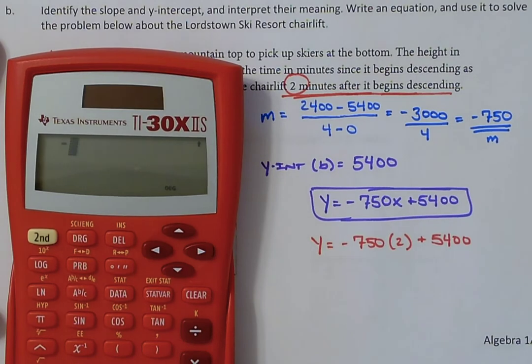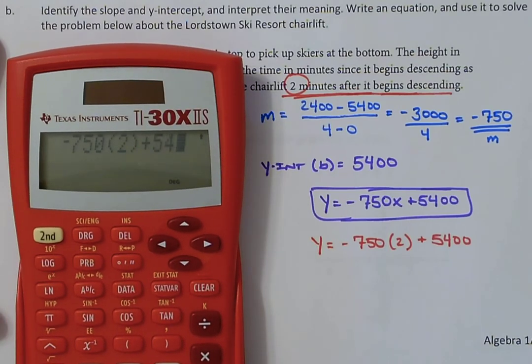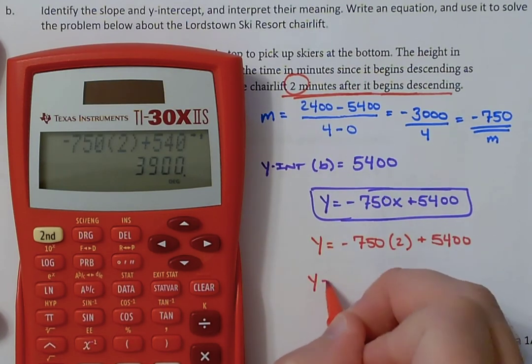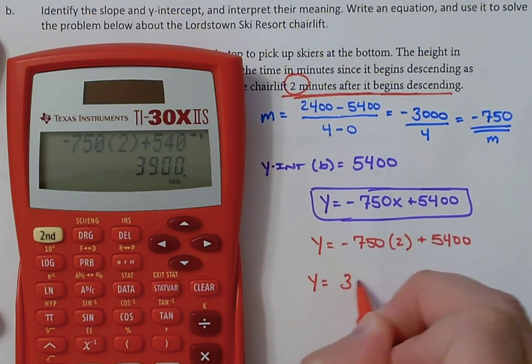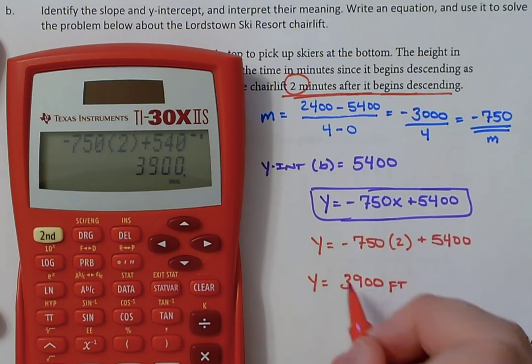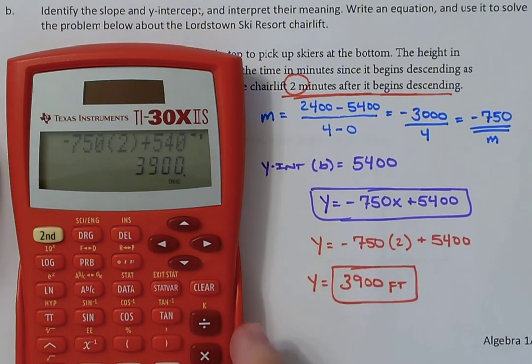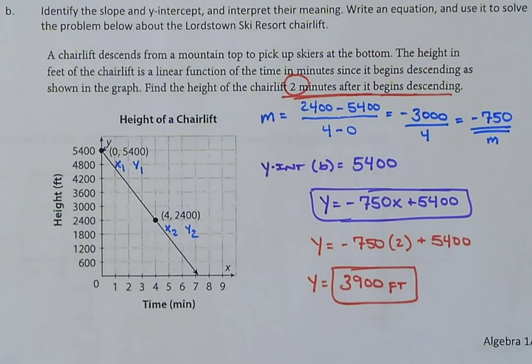So negative 750 times 2 plus 5,400, and I end up with 3,900 feet. And that is how high up the chairlift is after 2 minutes when it begins descending.